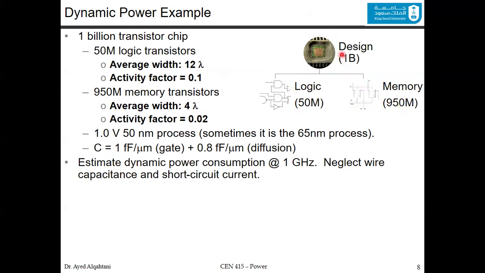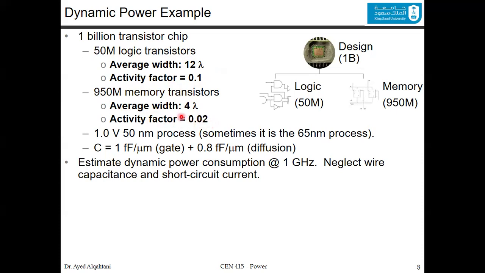So from this 1 billion transistors, 95% is memory and only 5% is logic. For the 50 million logic transistors, the average width is 12 lambda and the activity factor is 0.1. For the memory transistors, the average width is 4 lambda, which is much smaller, and the activity factor is also very low, which is 0.02.